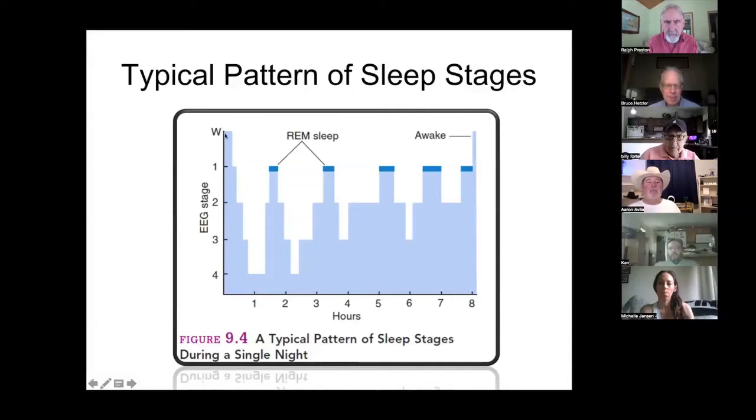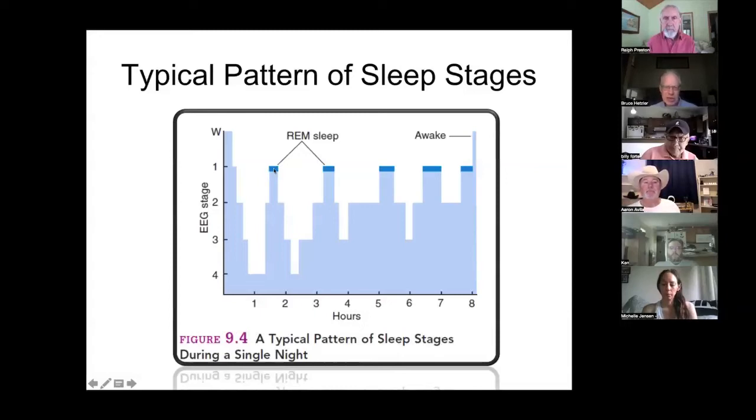So initially, you start being awake, then you go to stage 1, then 2, then 3, then 4. And you're in stage 4 for a while, then you rapidly go up to stage 1. But every stage 1, after this first one, is when you have REM sleep, that is rapid eye movement sleep. And that's when you do most of your dreaming.